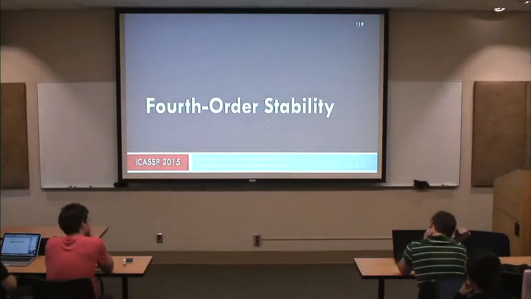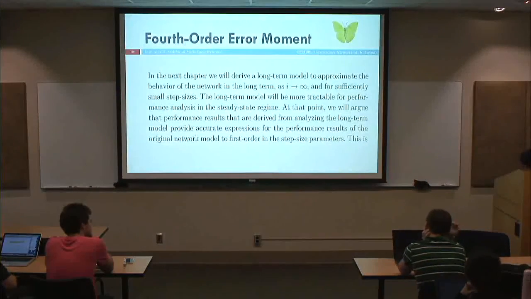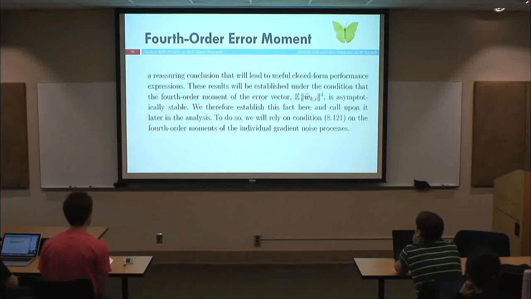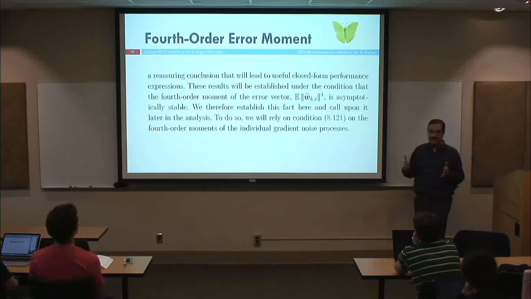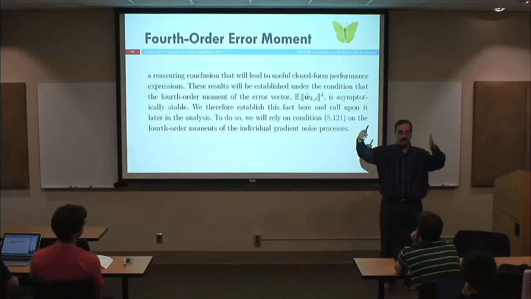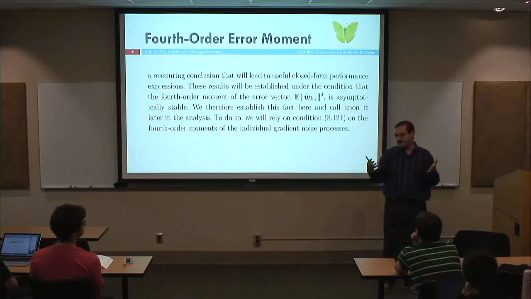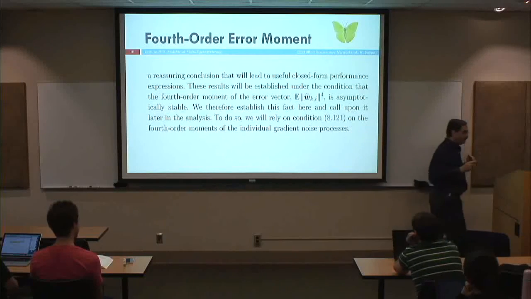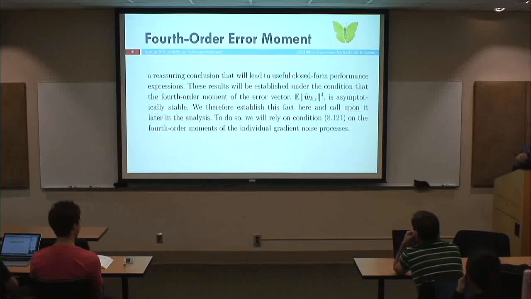I'll just tell you what the result is because the arguments are very similar, more tedious, but very similar, because this is our fourth order moment. So rather than applying Jensen's inequality to the expected value of norm squared, you have to apply Jensen's inequality to the expected value of norm to the fourth. You have to use arguments like that.